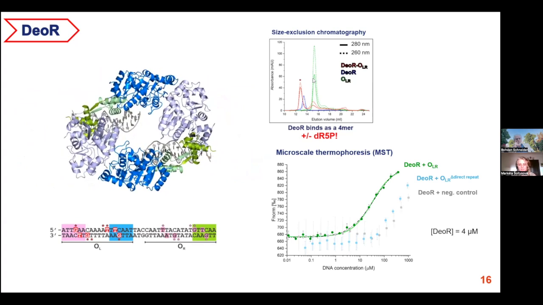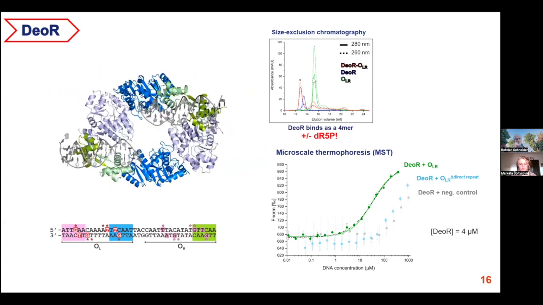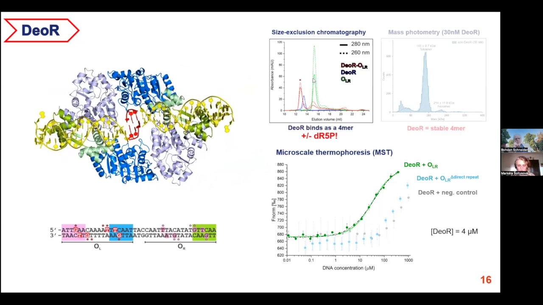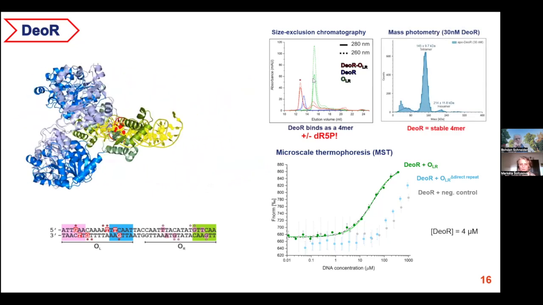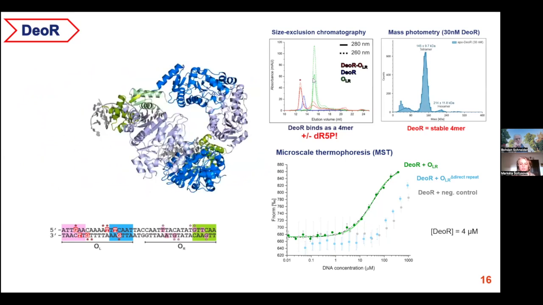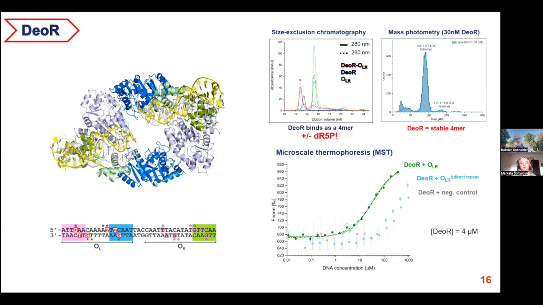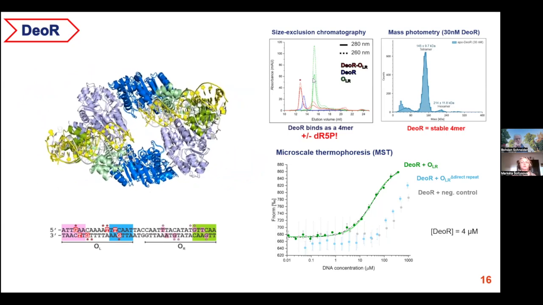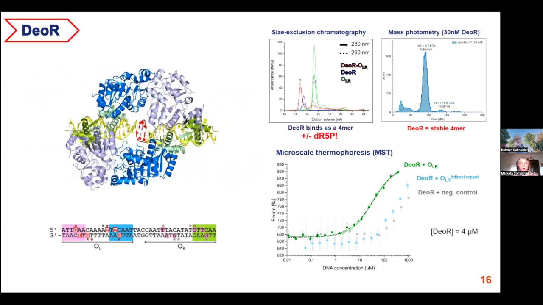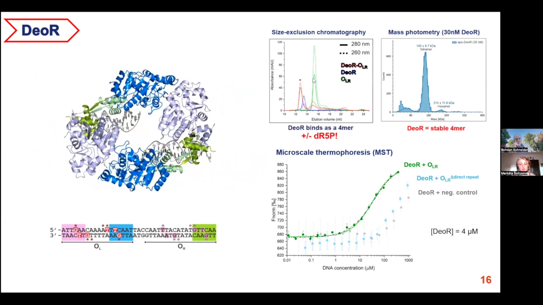So we had to ask how it is possible that we crystallized the complex with it. The answer was offered by the combination of mass photometry and size exclusion chromatography, which showed that the protein exists almost exclusively as a tetramer in a wide range of concentrations.